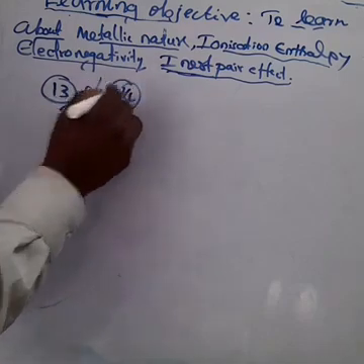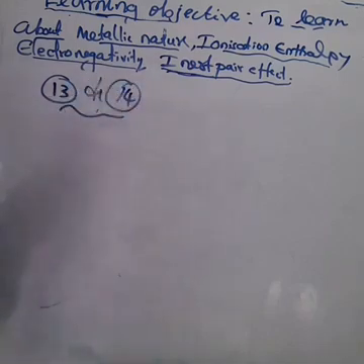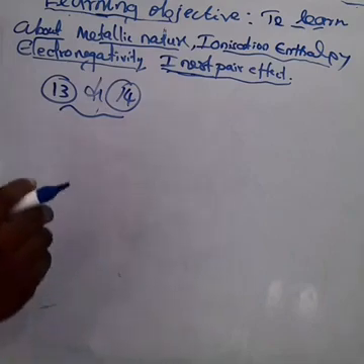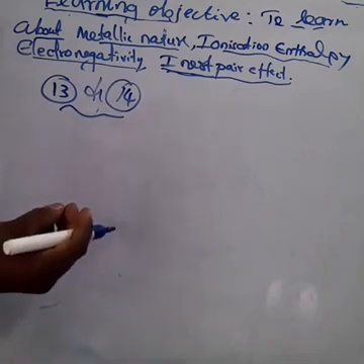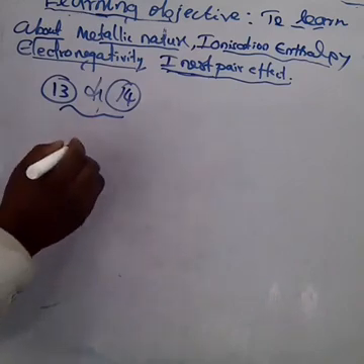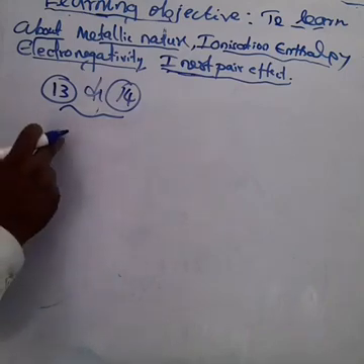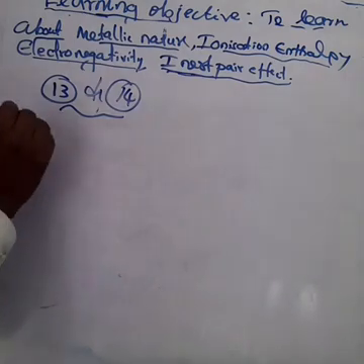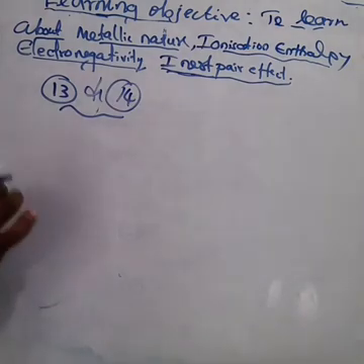Why is that? It is due to the shielding effect. While writing the electronic configuration of the 13th group, for boron and aluminum, the electrons are present in the p subshell.